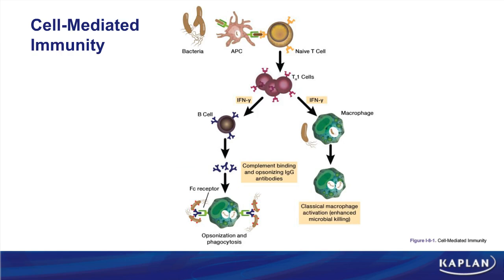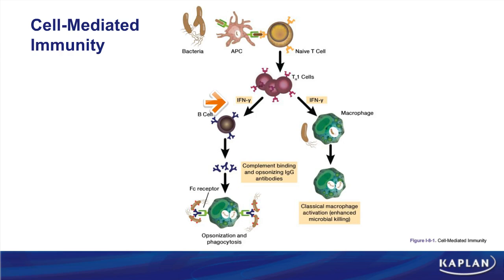Recall that our Th1 cells are going to have upregulated on their surface the CD40 ligand that is going to serve as the co-stimulatory molecule for not only our macrophage but also our B cells. Now, when you add to that mix the interferon gamma, the following will result.